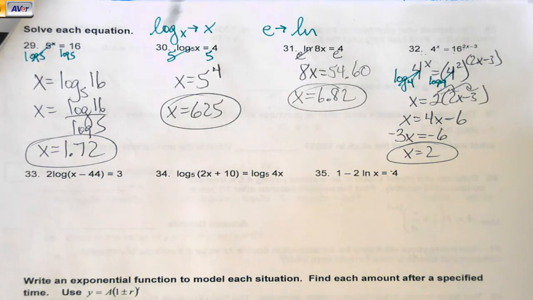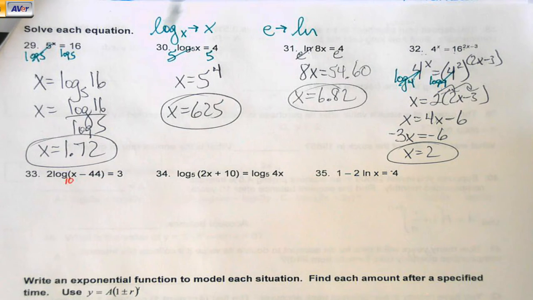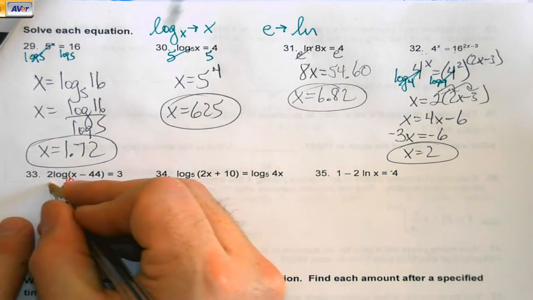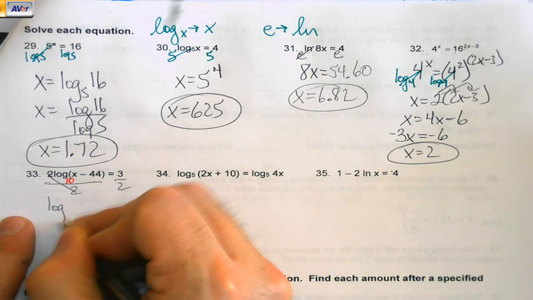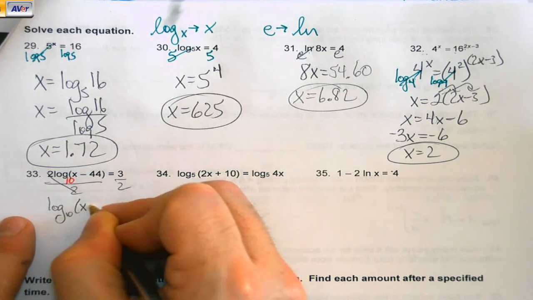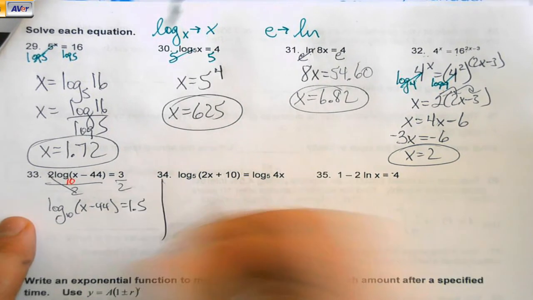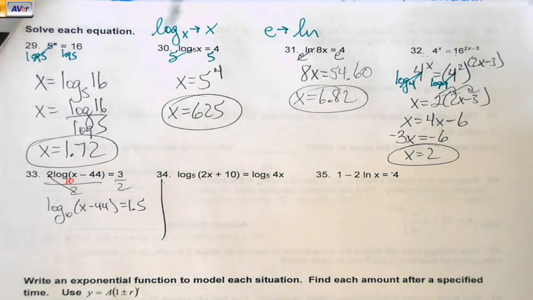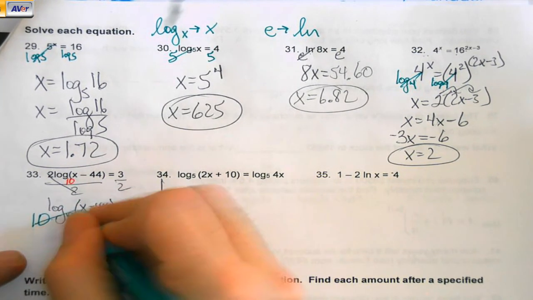When we're doing logs, if I don't see a base, I know it's 10. But before I can use 10 to exponentiate, the log has to be isolated. And I've got a value out here. Now that I've kind of exposed the log by getting the 2 out of there, I can exponentiate.